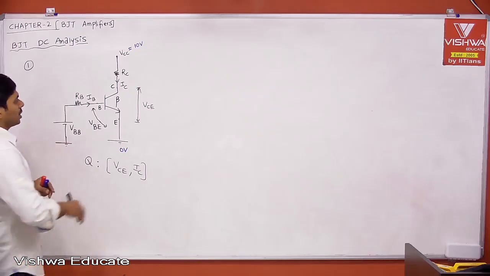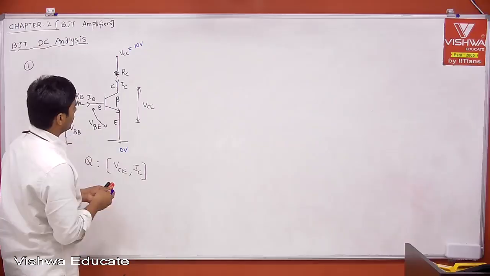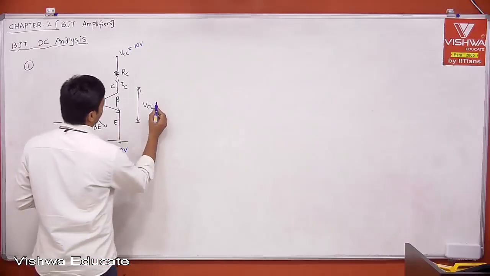Therefore assume that we have chosen VC is equal to 5 volt. Okay, we have chosen VC is equal to, let us say, 5 volt.